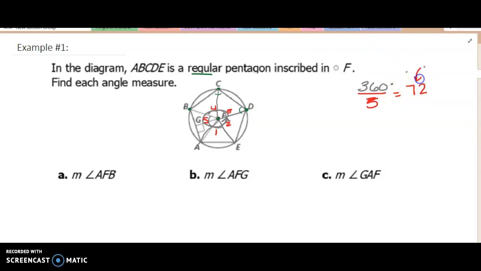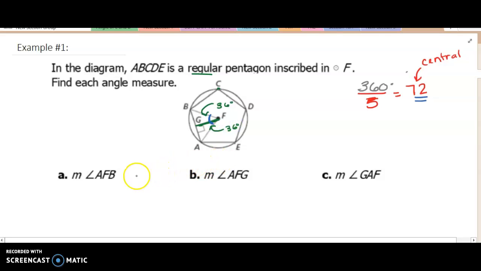So each central angle is 72 degrees. I'm going to erase all this so we can see it a little more clearly. So this right here is 72 degrees. When I put this apothem down here, it cuts that 72 in half, which means this is 36 degrees and this is 36 degrees.